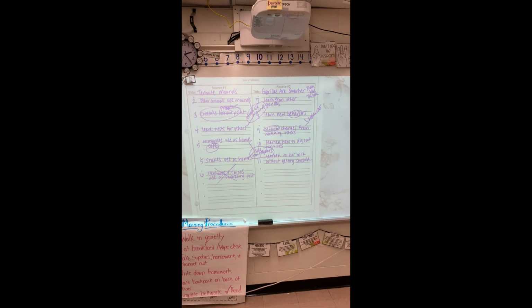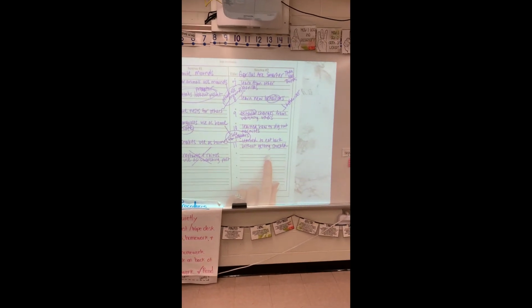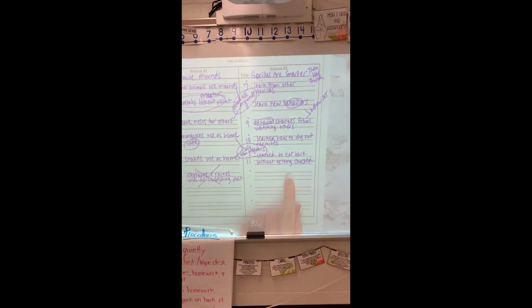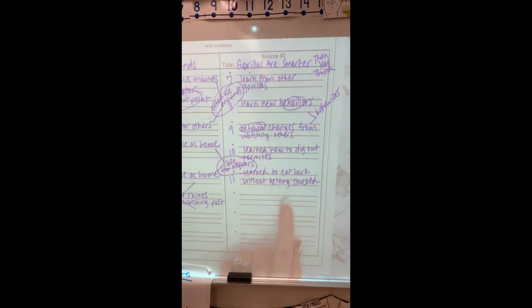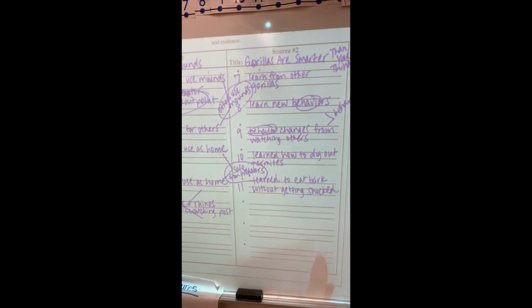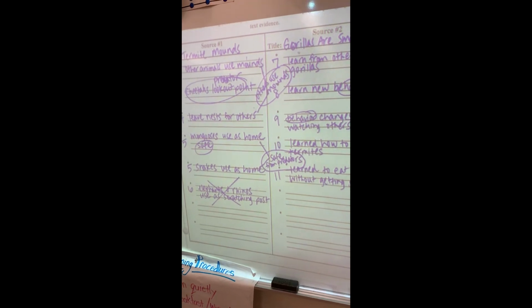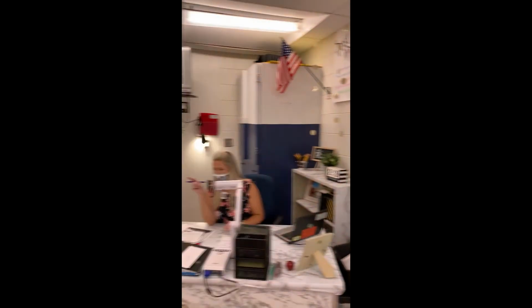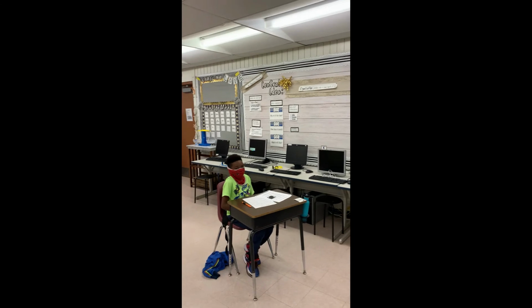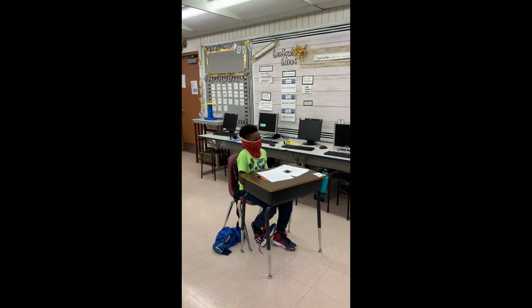So look at the other pieces of evidence we have here. Where do you see a connection? What do you think, Carlos? I think the connection is, you know how termites use the ground?